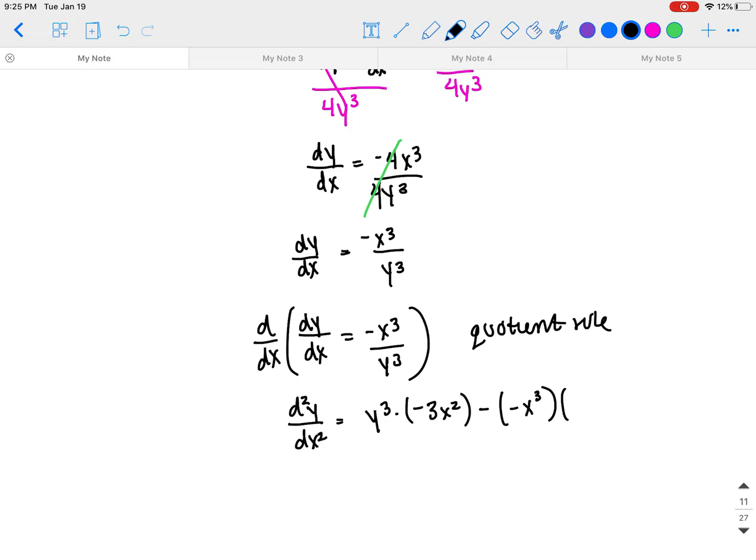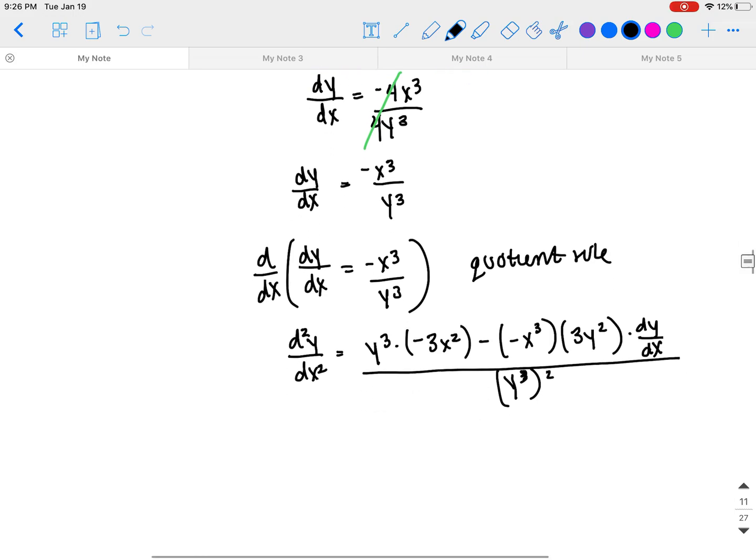High d low, so the derivative of the denominator is going to be 3y squared. But remember, you're taking the derivative with respect to x, so times dy dx. All over, square the bottom, and away we go.